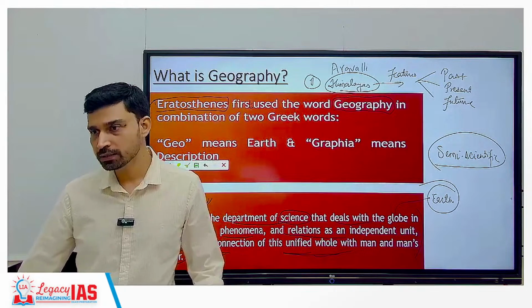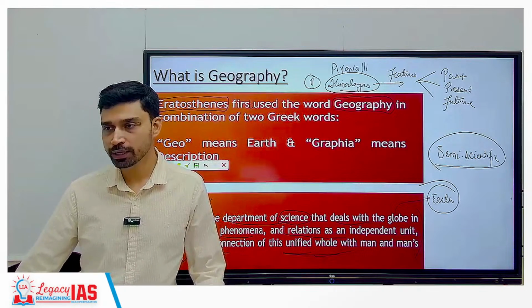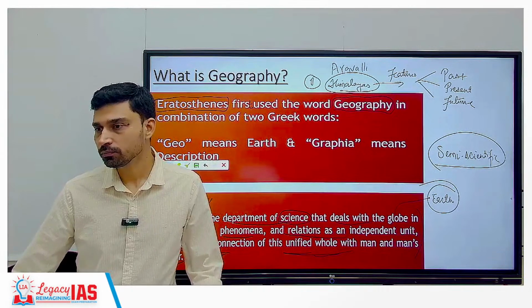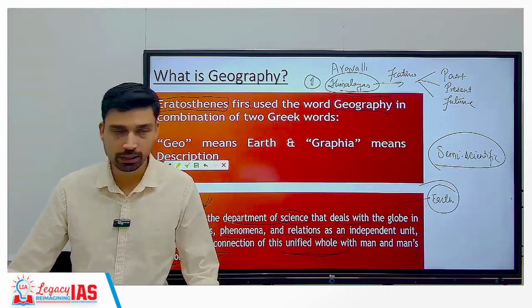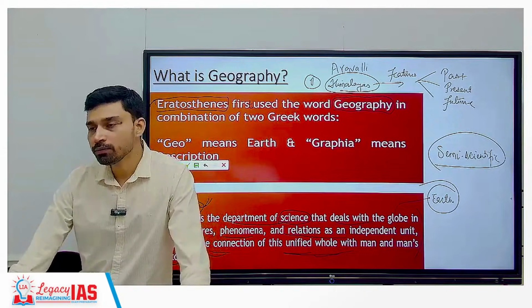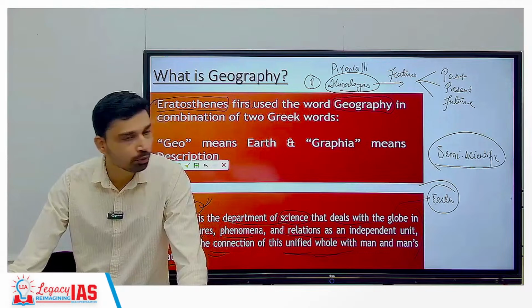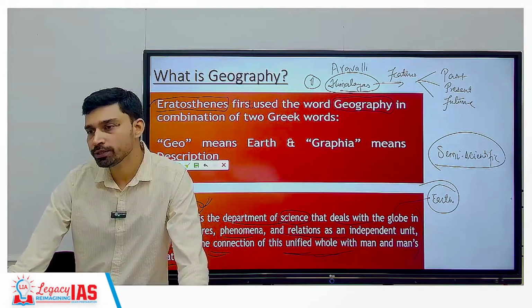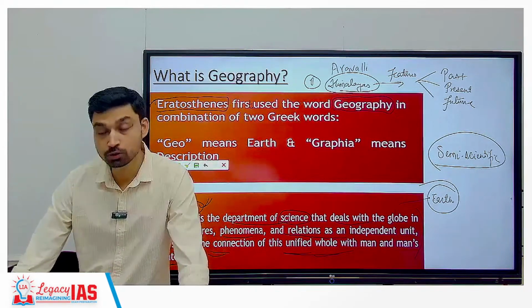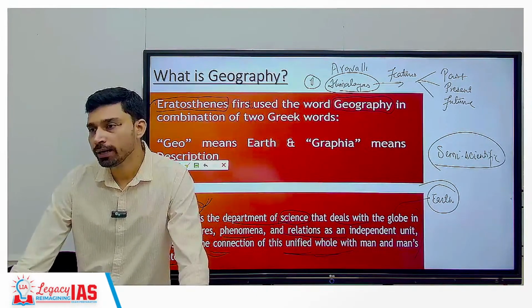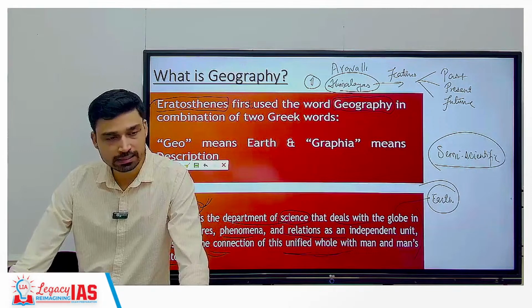Mount Everest, the highest point of Himalayas, is how many meters high? 8,848. Okay, 8,848. And Aravalli was 9,200. So it was even higher than Himalayas. Today, if you look at the Aravalli, the highest point is around 1,300 meters, right? So almost 8 times decrease has happened in the height.